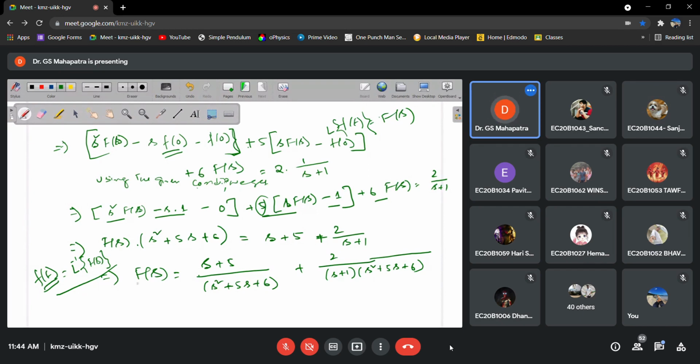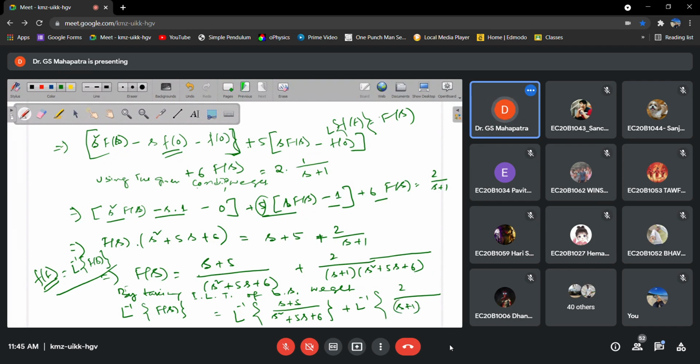So by taking inverse Laplace transform of both sides, we get inverse Laplace transform of f of s equals to inverse Laplace transform of s plus 5 by s square plus 5s plus 6, plus 2 by s plus 1 into s square plus 5s plus 6.